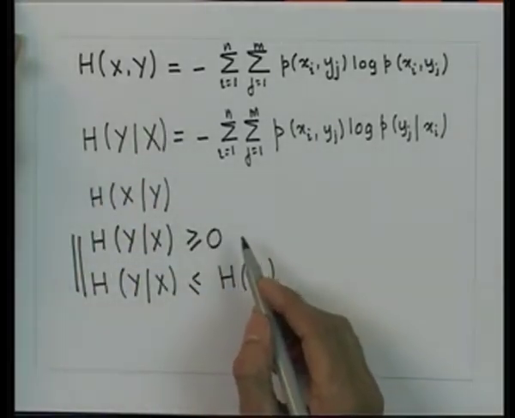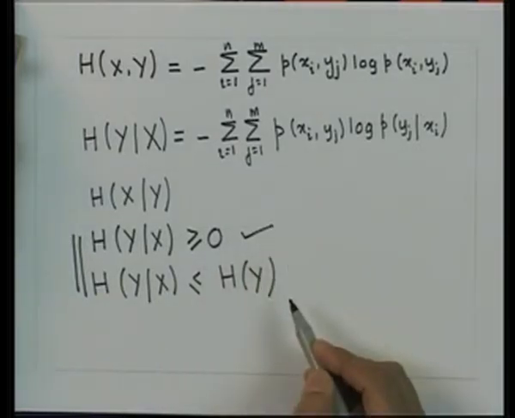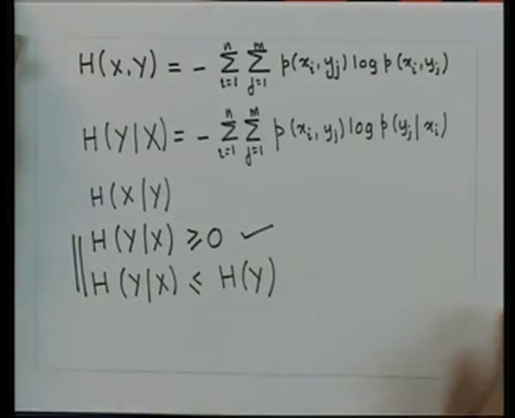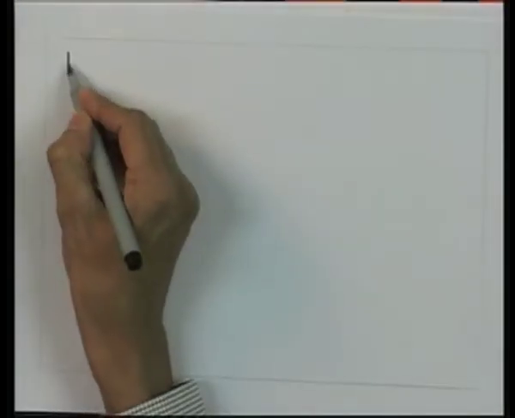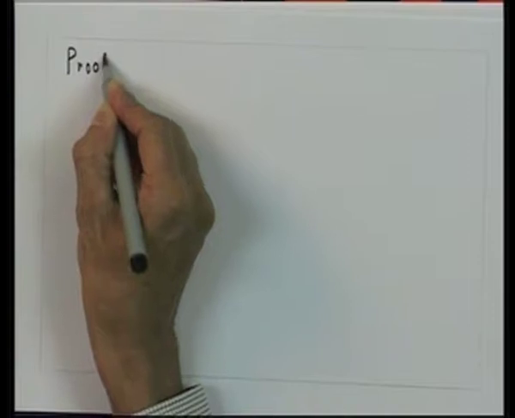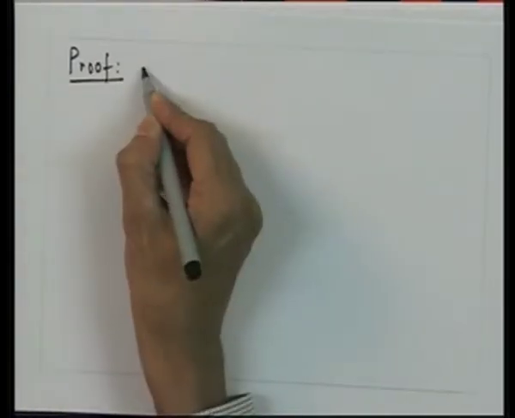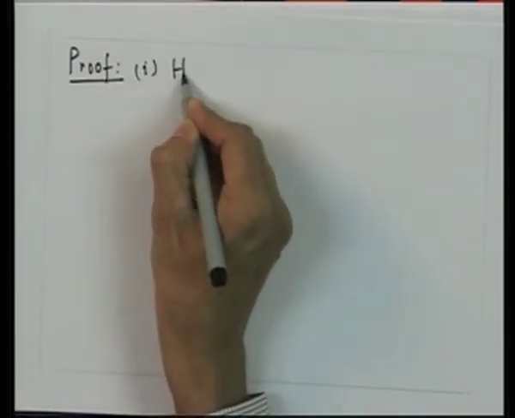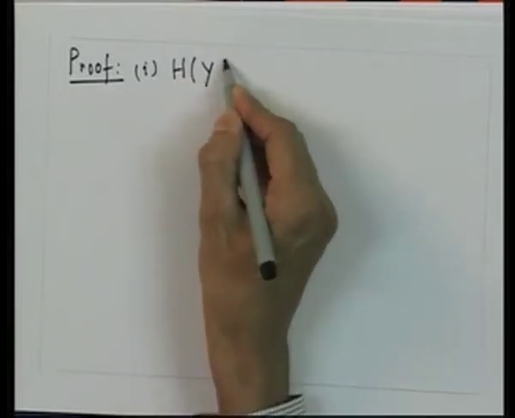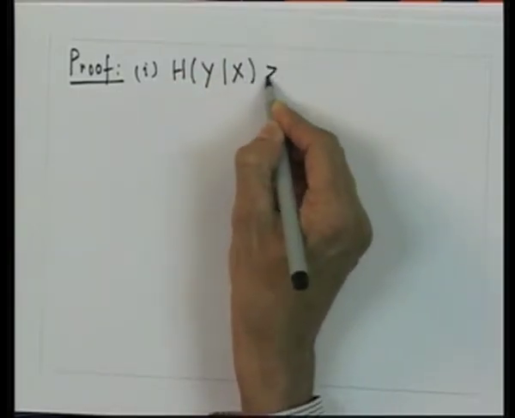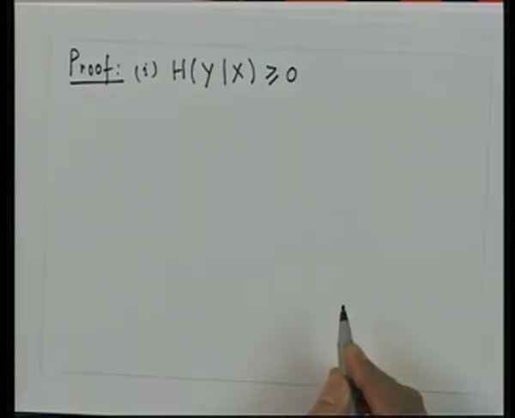Let us try to prove these two properties pertaining to h of y given x. To prove the first property is not very difficult. Proof: the first one we have to prove is h of y given x is always greater than or equal to 0.